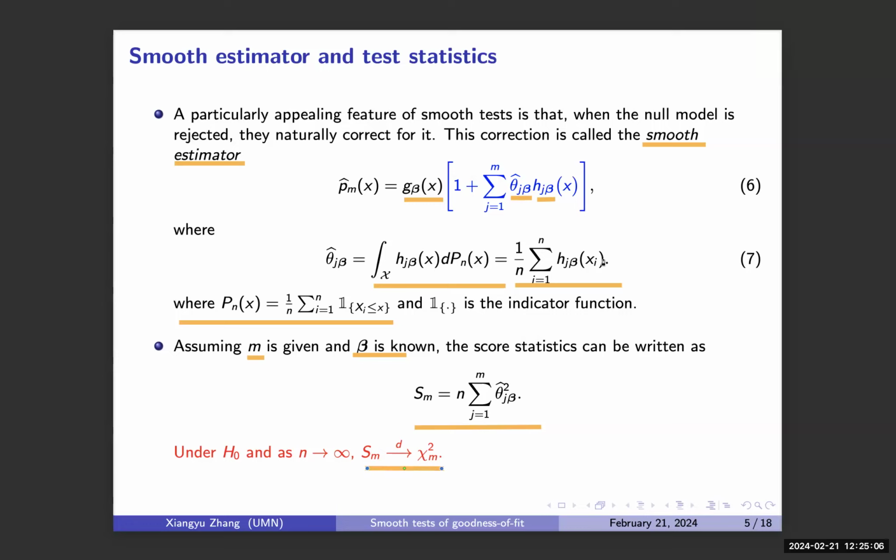Yes, I have a quick question regarding equation 7. From what I understood, h is your basis function. Since you're just taking an average of the basis function, where is the data actually coming in to give you the estimation? The way it's written, it simply looks like 1 over n summed over basis functions. Here Xi is our data.